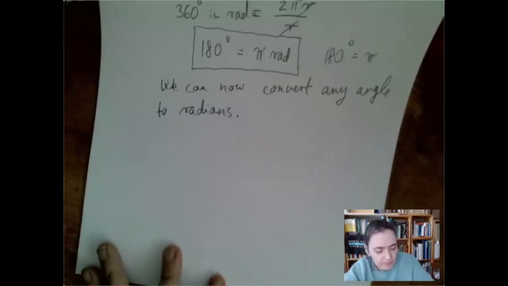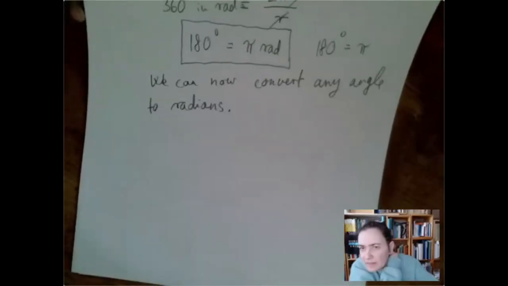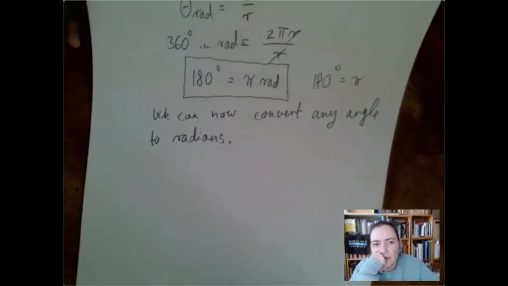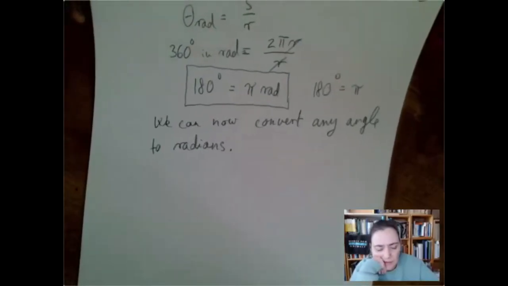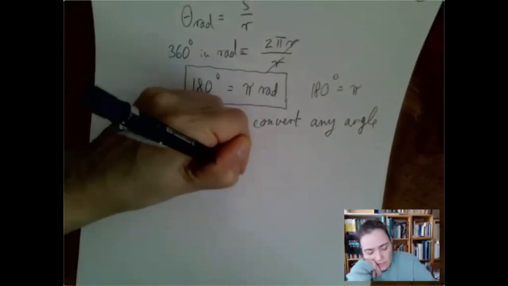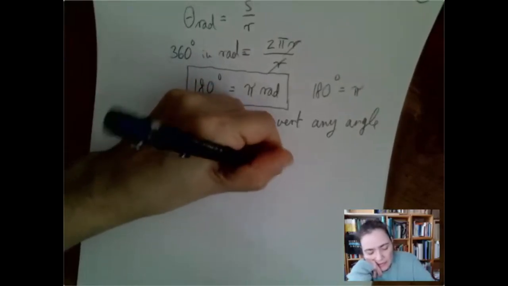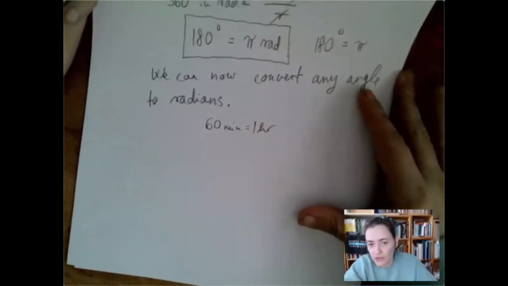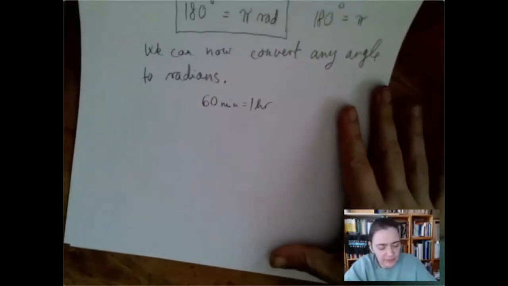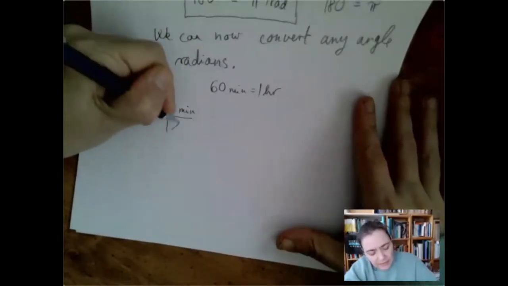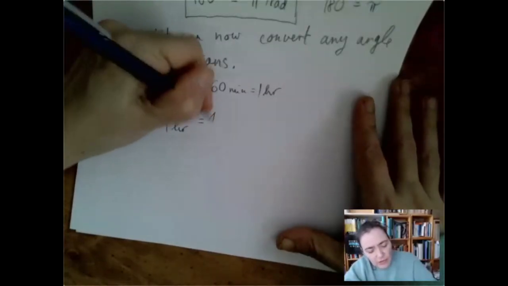It's basically a sort of a ratio problem, although that's not what I do. For example, do you guys know about conversion factors or unit multipliers? I don't think you really need that, but you know, 60 minutes equals 1 hour. And that gives rise to two conversion factors, if you're young, or unit multipliers, if you're old. 60 minutes divided by 1 hour is a fraction with value of 1.